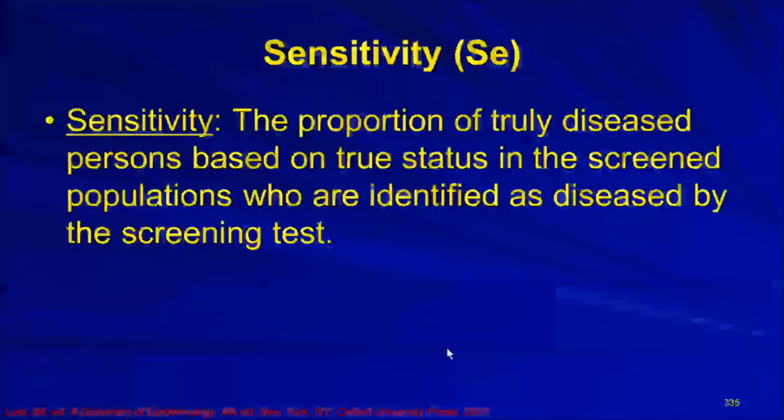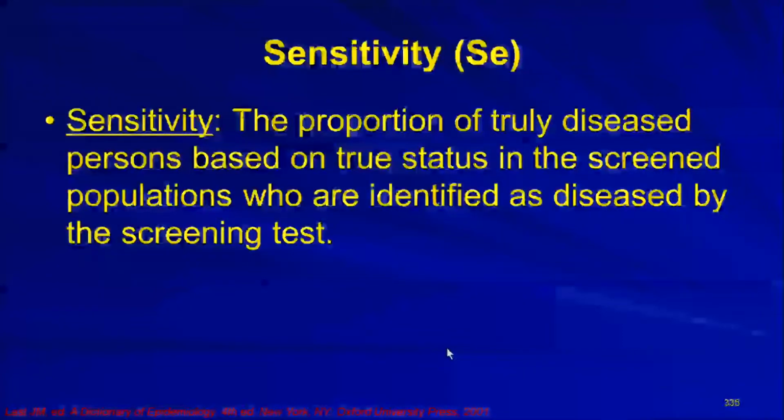Now, when we talk about sensitivity, we're looking at the proportion of truly diseased persons who are classified as true positives or potentially have the disease, and this classification is done by the screening test. So that's what we would hope that the test would do two things.